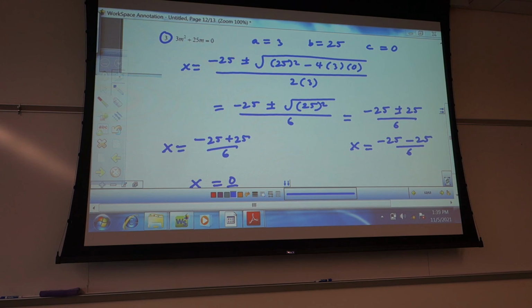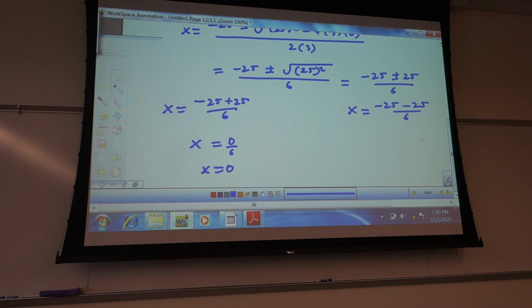All right, so this is the first one. So then x is negative 25 minus 25, which is negative 50 over 6.